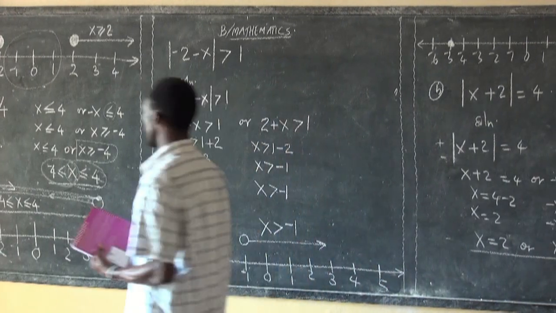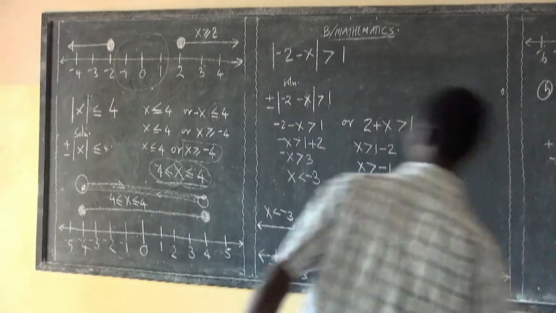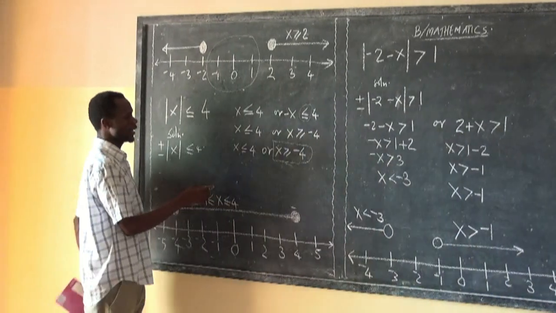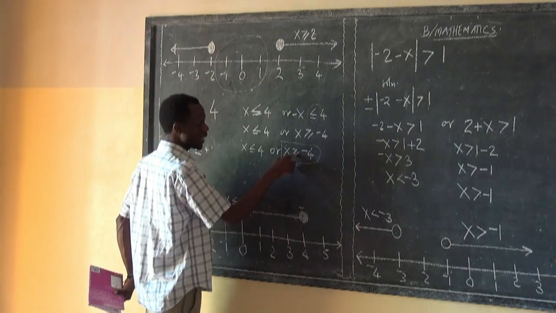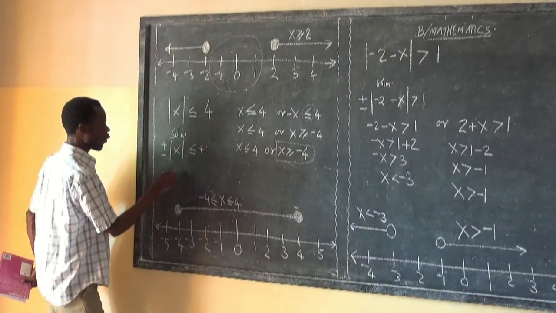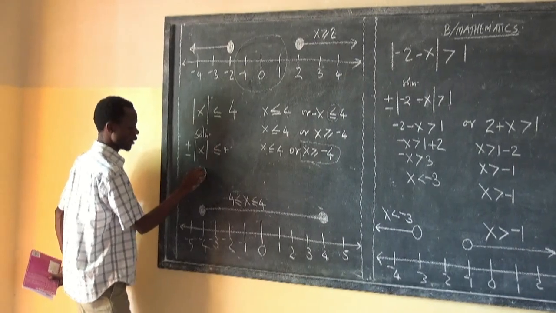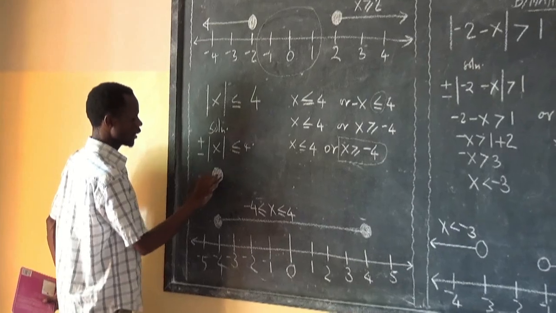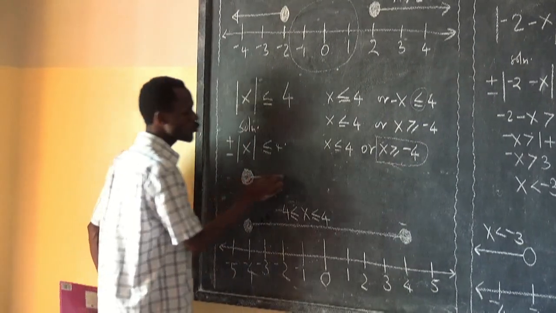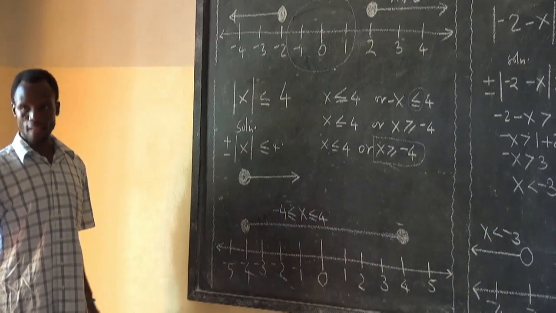But if now you came back to this example, I can explain why we joined it. Now, if you look at here, x is greater than negative what? 4. Now, negative 4 was here, but it was included because of the equal sign. If you look back here, you find negative 4 is here. Now, to the right, because of greater than.